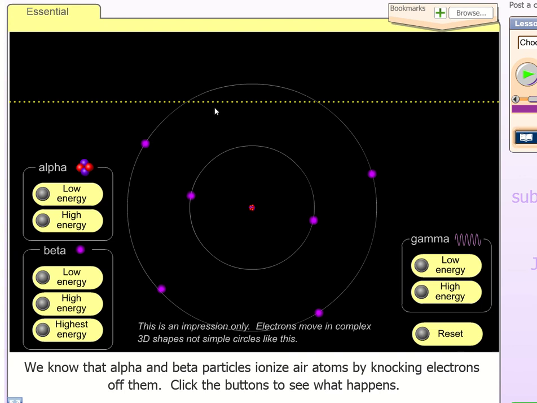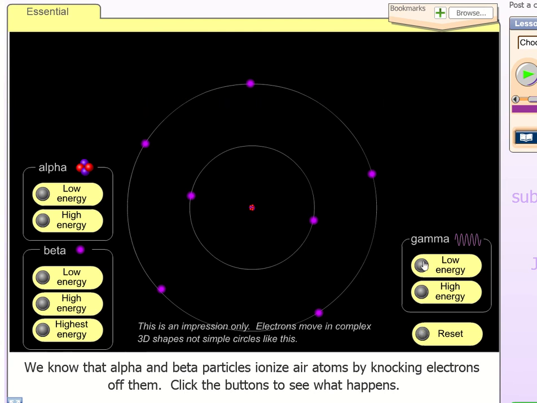The path of the beta isn't changed very much, but it will have been slowed down. Here's the highest energy beta. Again, very like the high energy alpha, the electron in the atom is affected by it, but the beta is not spending enough time in the vicinity of the atom to cause this electron to break free.